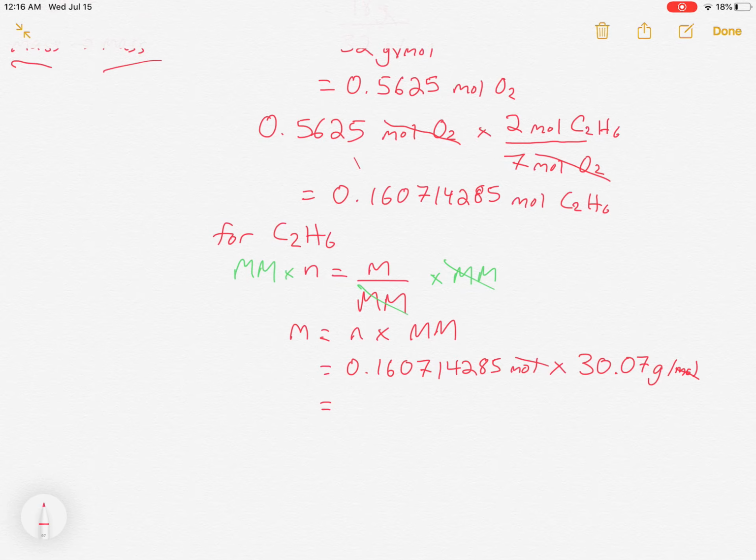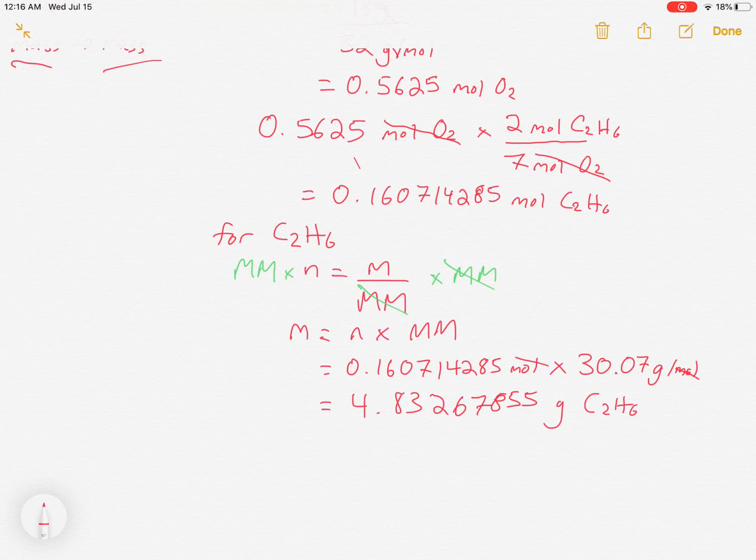Because we're looking for just mass in grams. And then when you multiply these together, you will get 4.83267855 grams of ethane.